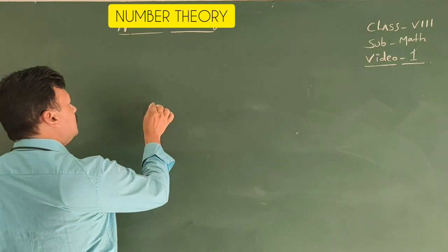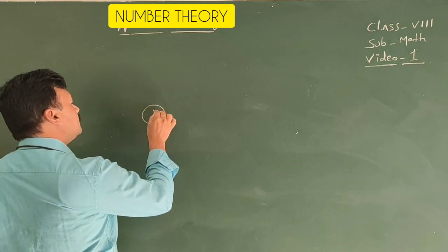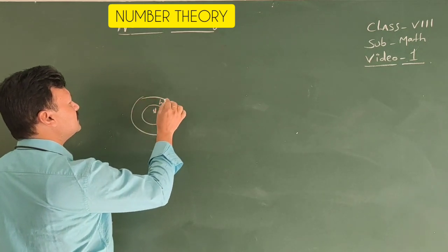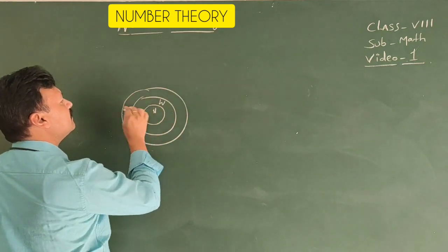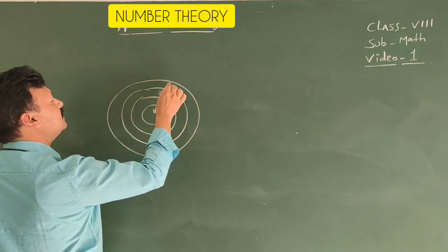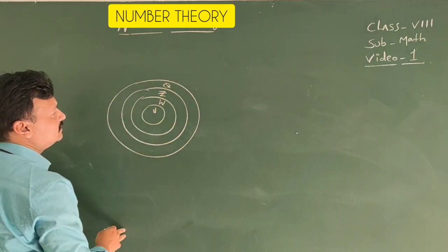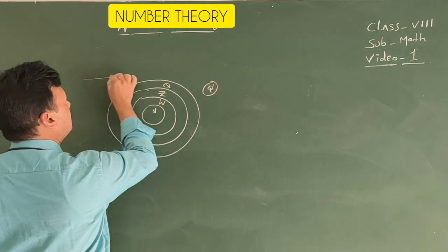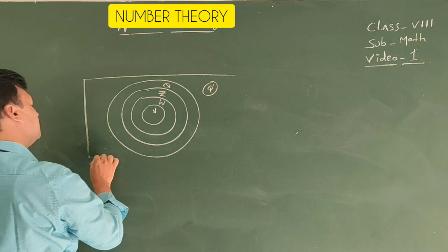Here, natural numbers, whole numbers, integers, rational along with irrational are real numbers.